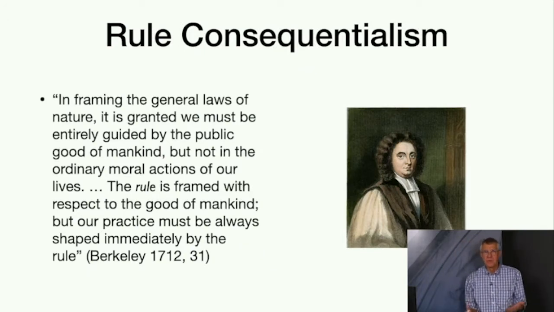Maybe the first person to advance a theory like that, although actually I think Maimonides may have had such a version, but the first one to clearly articulate this is Bishop Barclay. In framing the general laws of nature, it's granted we must be entirely guided by the public good of mankind, but not in the ordinary moral actions of our lives. The rule is framed with respect to the good of mankind, but our practice must always be shaped immediately by the rule.